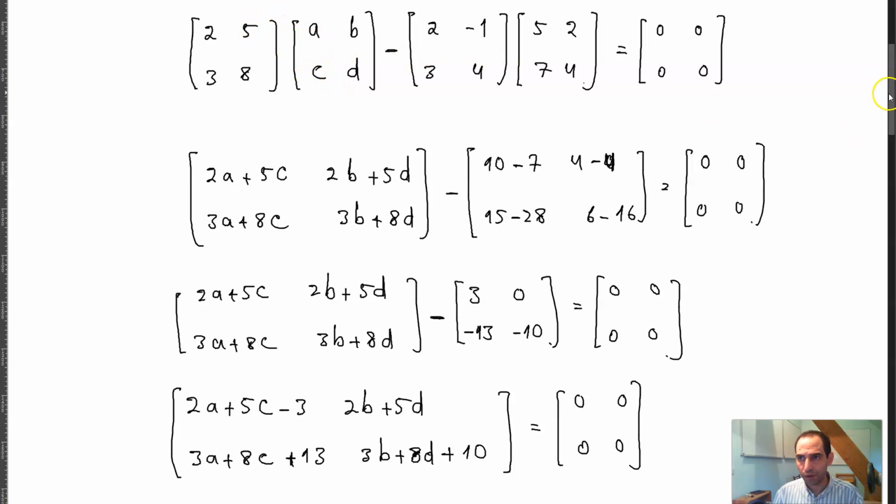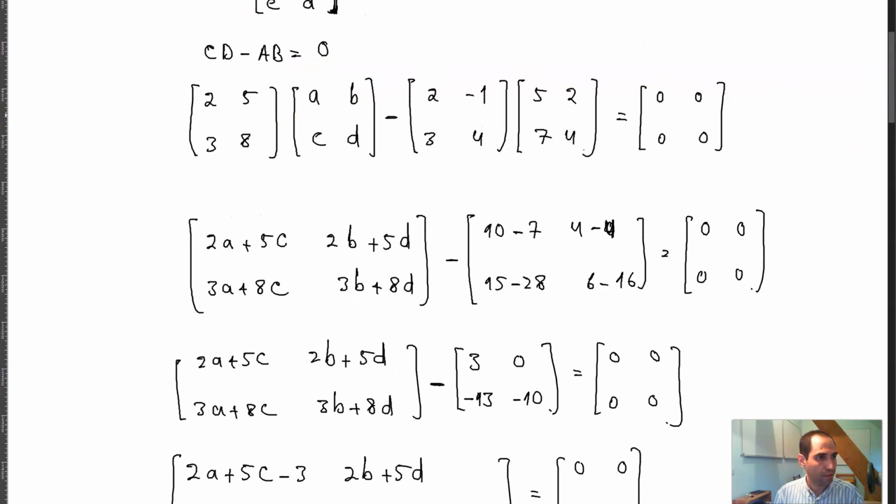Now if I calculate this row and this column, I get 2A plus 5C, and then 2B plus 5D. Then this row and this column, I get 3A plus 8C and 3B plus 8D, minus, over here, this row and this column.